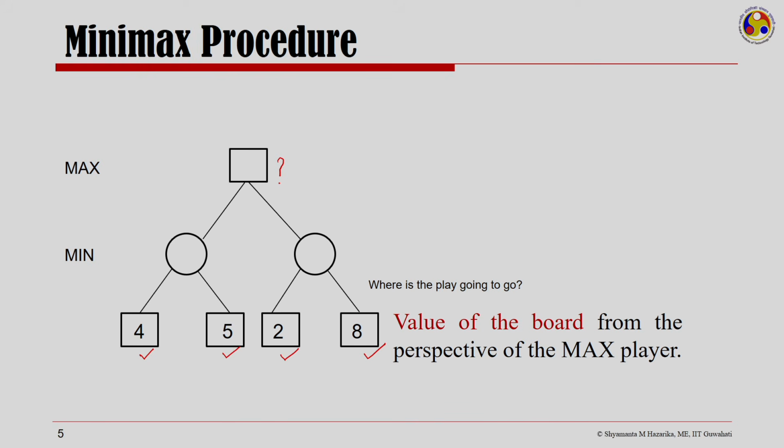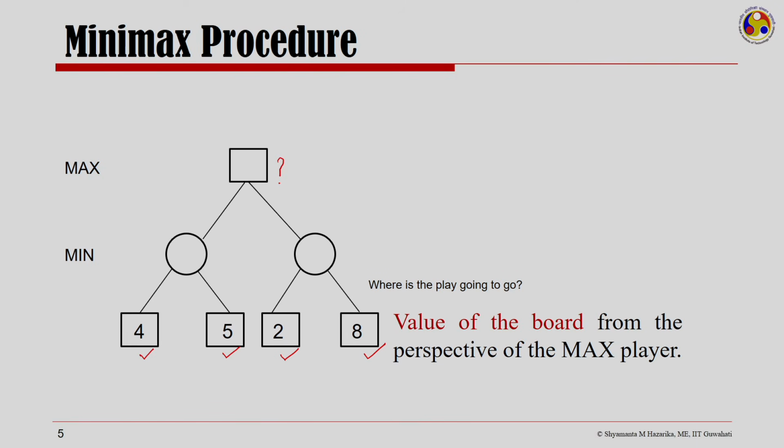But if you look closely and try to see what Min could do best in such a scenario, where he knows the values of the leaf nodes, which are actually the max leaf nodes.